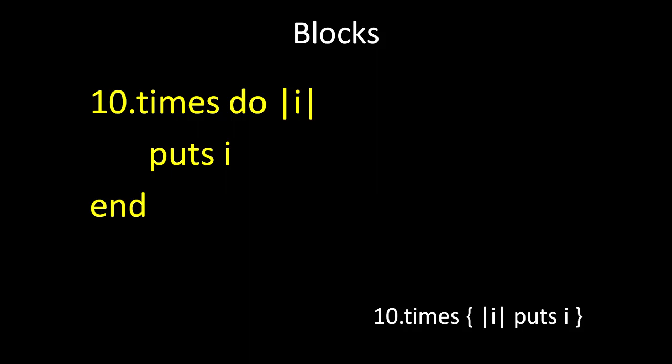This is really useful because if you think of the equivalent in C#, you'd have to use a for loop. So you'd have code such as for int i equals 0, semicolon, i is less than 10, semicolon, i plus plus, and then put in your code. It's a lot of noise just to say, loop something 10 times. In Ruby, you do just literally say loop something 10 times.